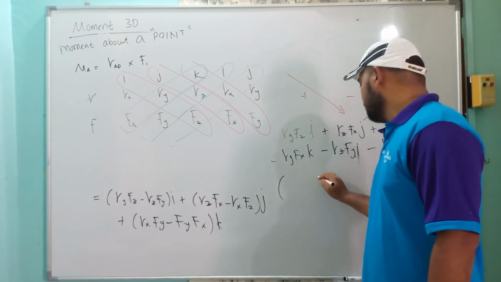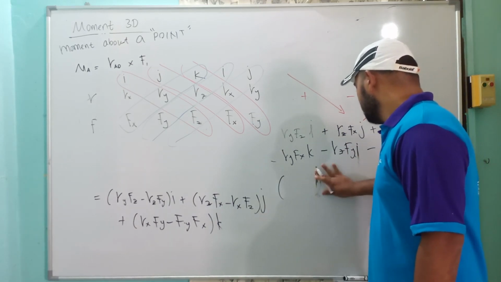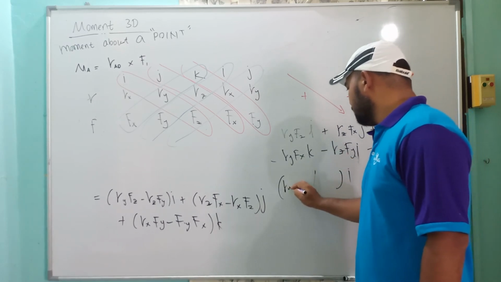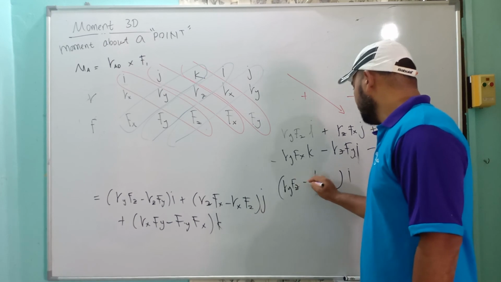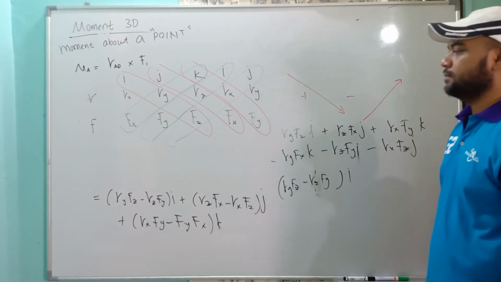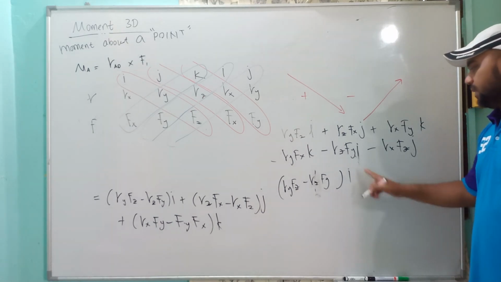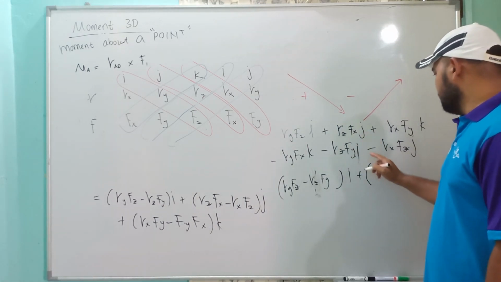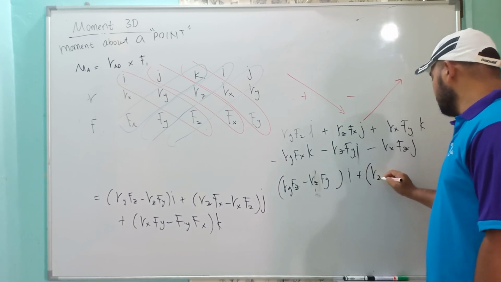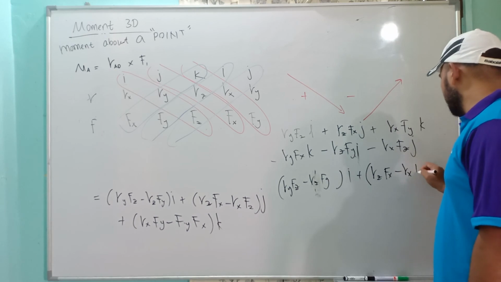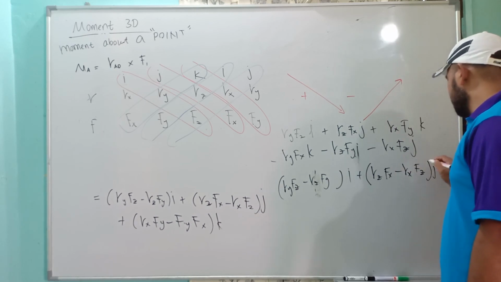So this one will be I times R_Y F_Z minus R_Z F_Y, plus J times R_Z F_X minus R_X F_Z.